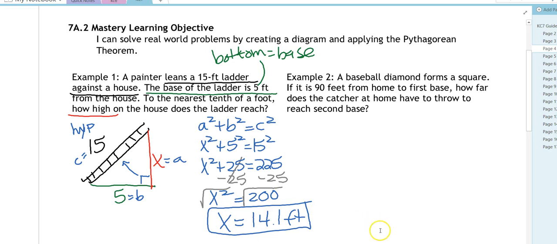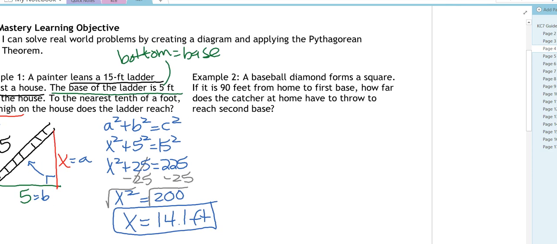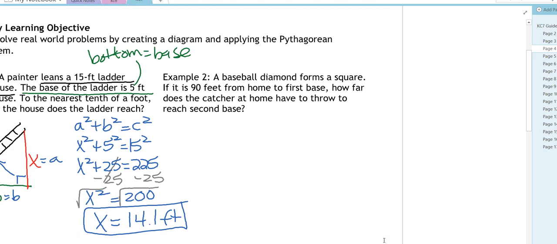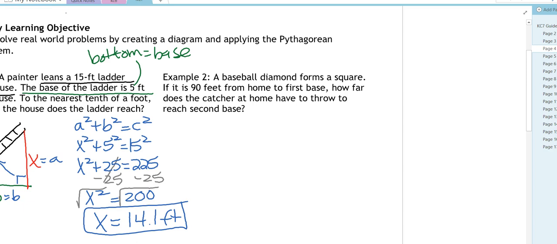All right, scrolling this on over. Looking at example number 2, it says we have a baseball diamond that forms a square. So let me go ahead and draw my picture here. A baseball diamond typically looks something like this, right? All these plates, and what's nice about a diamond is that all corners are 90 degrees.